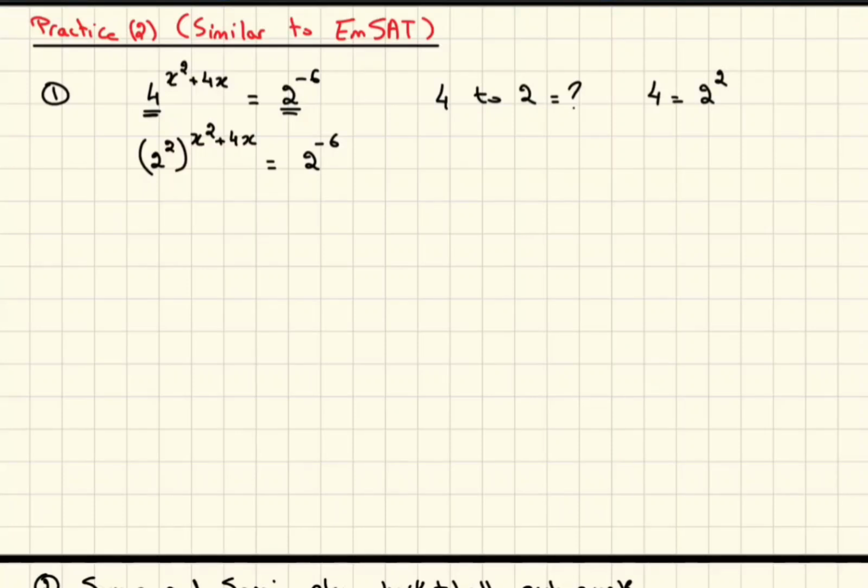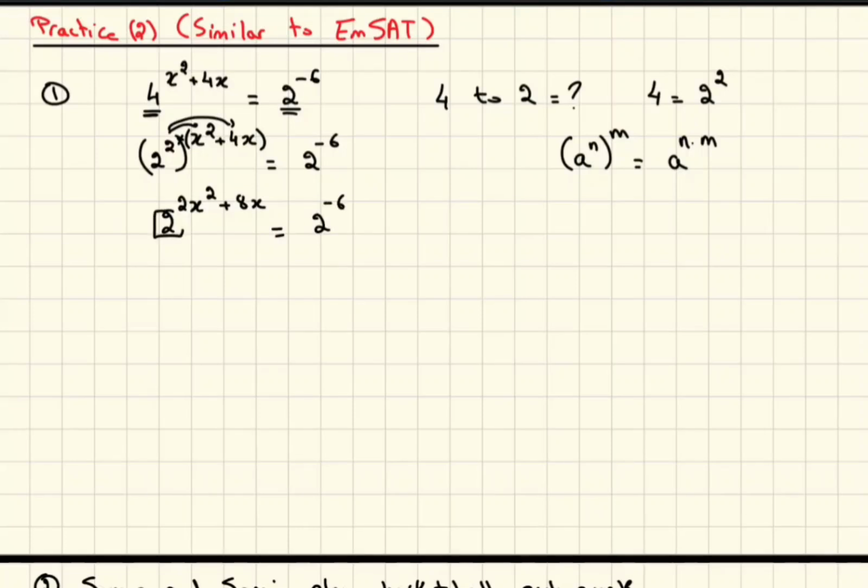Now, whenever you have a exponent n exponent m, the answer will be a exponent n times m. So basically we need to multiply the 2 with the other exponent. We get 2 exponent 2x squared, and we distribute, plus 8x equals 2 exponent negative 6.